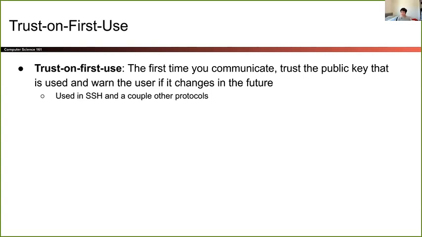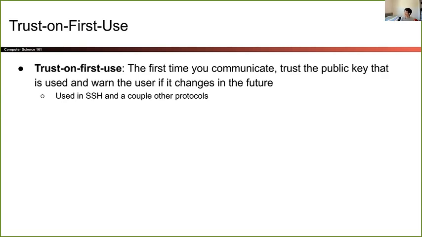So whenever you try to SSH into something new, you might get a message like, you're connecting to this server with an unverified host key. Do you want to continue? And that's it saying, I've never connected to the server before, but this key is new. So just letting you know, this is now going to be the trusted key.